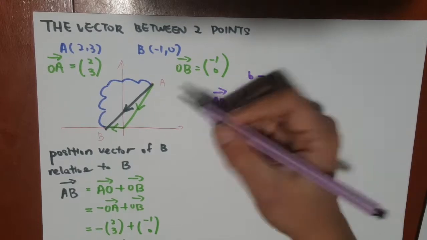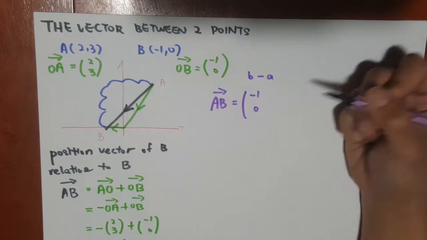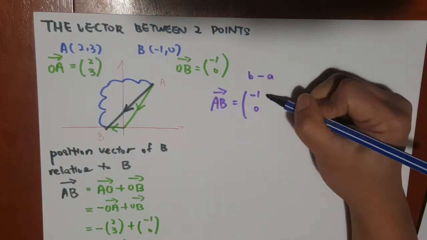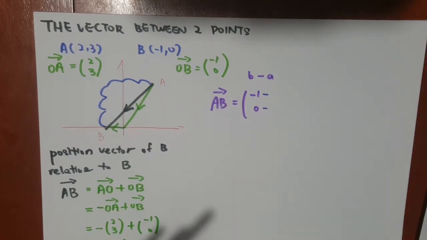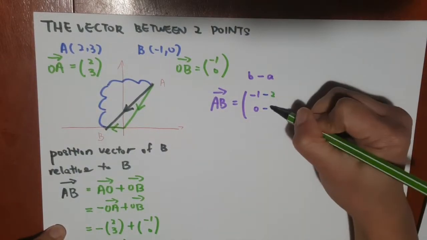Vector B is actually OB, so that's (-1, 0). We just copy that down, and the minus is copied as a minus because that's part of the formula. And our vector A is actually (2, 3), so I'll copy that down as well.